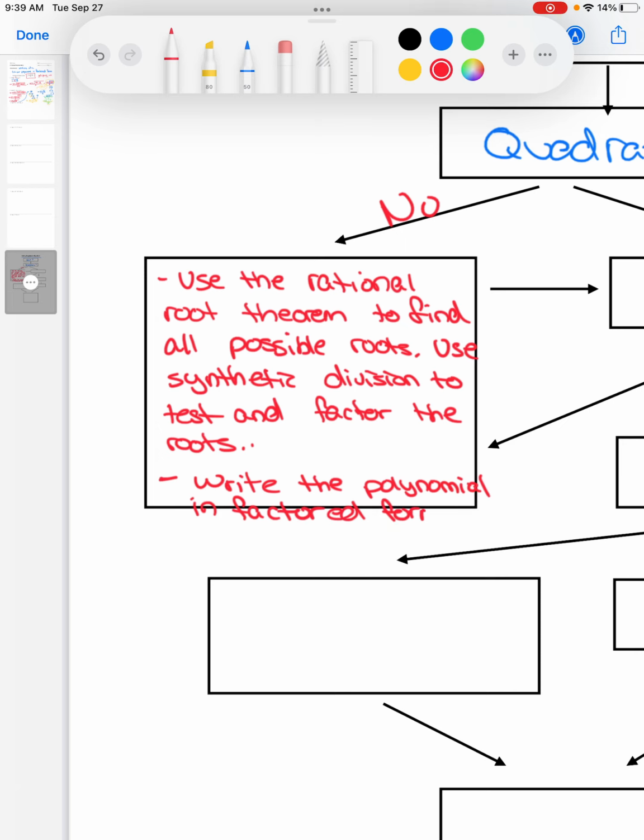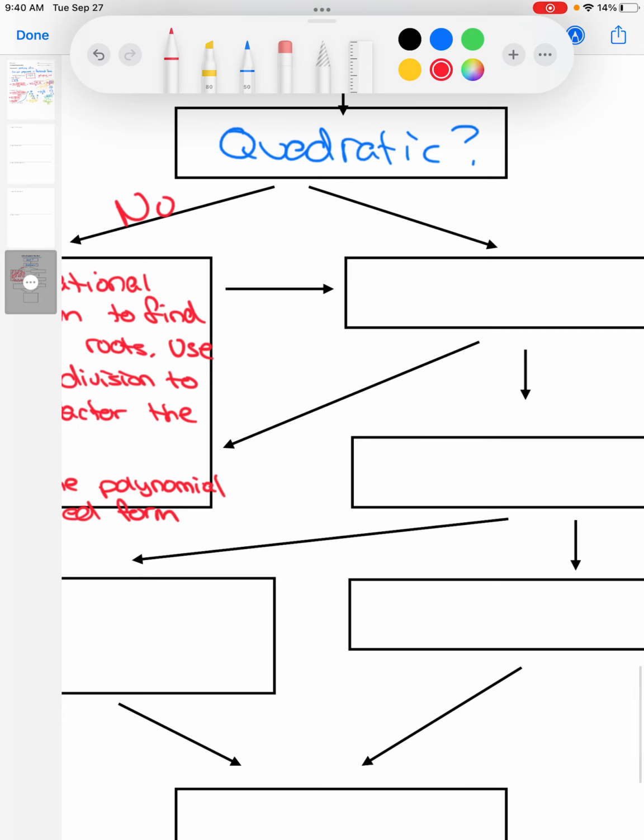Now that we have it in factored form, we go back and ask ourselves again, is it a quadratic? If it is a quadratic, we factor.